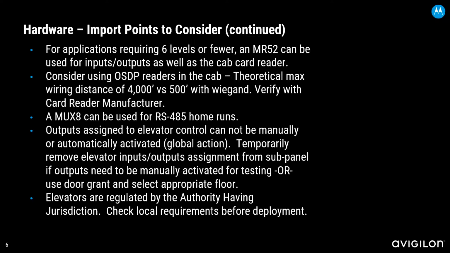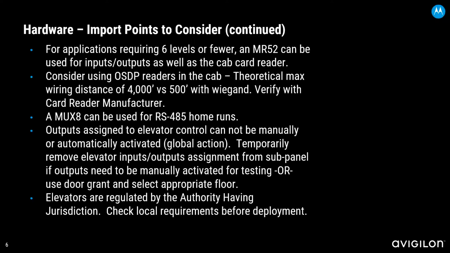Something from a troubleshooting standpoint that I want to mention: once you assign outputs to elevator control, you're not going to be able to manually activate those. So let's say you're on site, you're working with the elevator control company. They've wired up your outputs to their inputs, and now they want you to trigger them manually to make sure that they're activating correctly in their system.